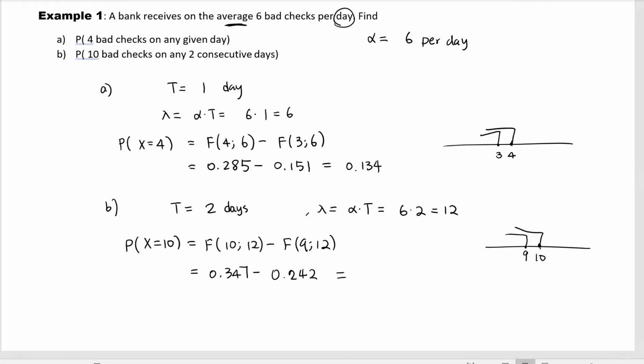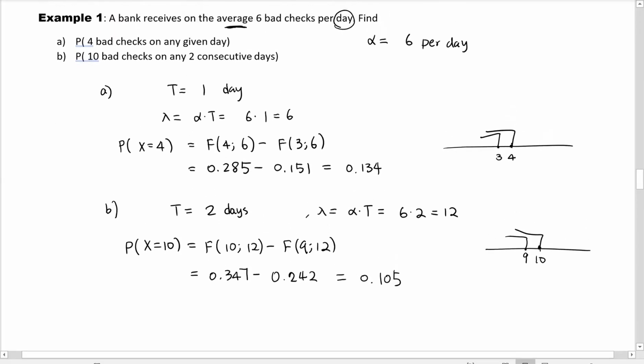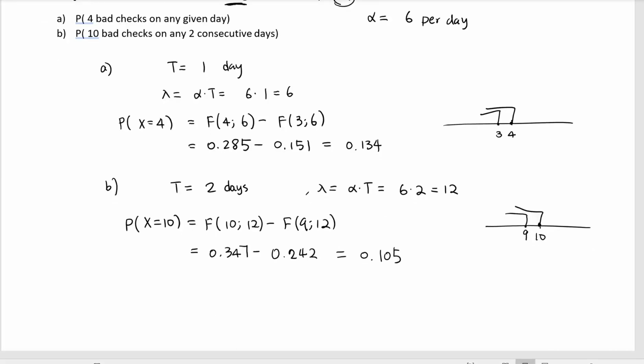What do you get? You get 0.105. Do you have the same answer? Good. See, actually it's very easy. We first figure out what's lambda, and the keyword is average. Okay, and then we figure out the t, and then lambda is alpha times t, and then we use the CDF values in table 2 to calculate.